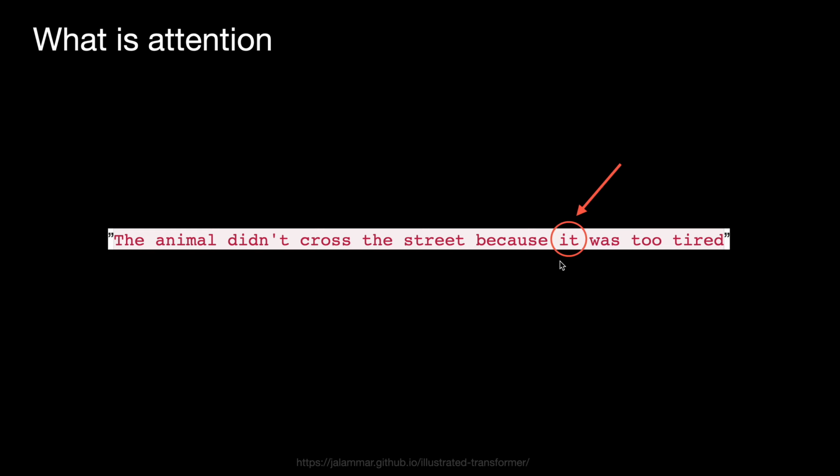When you read it, you don't know what "it" refers to. It could be referring back to the street, or it could be referring back to the animal. We are not sure. So in order to understand what it is, we need to pay attention to the rest of the sentence, to other parts of the sentence.